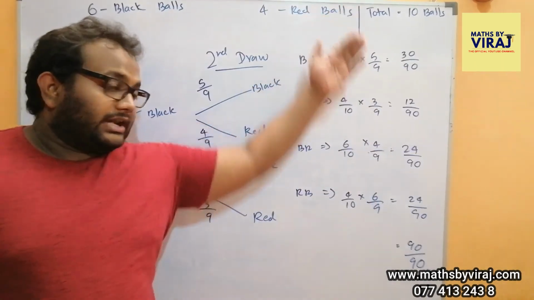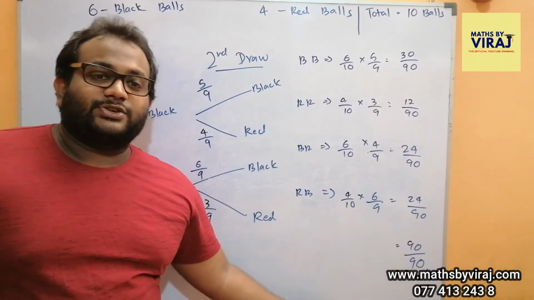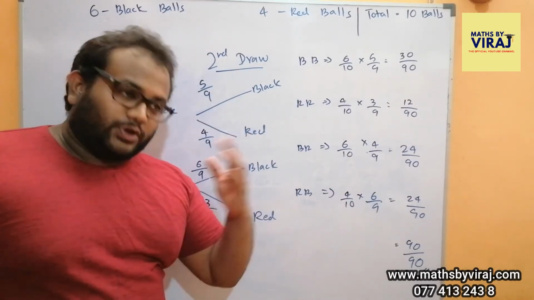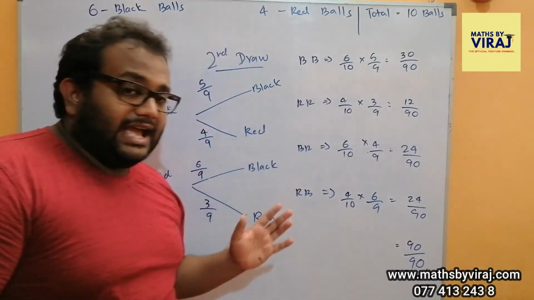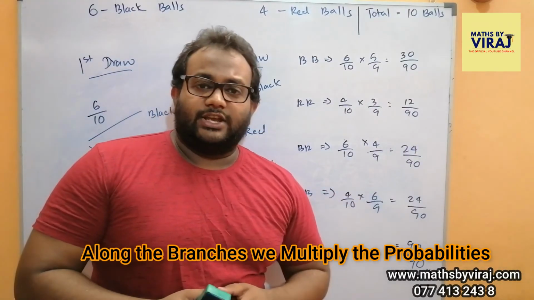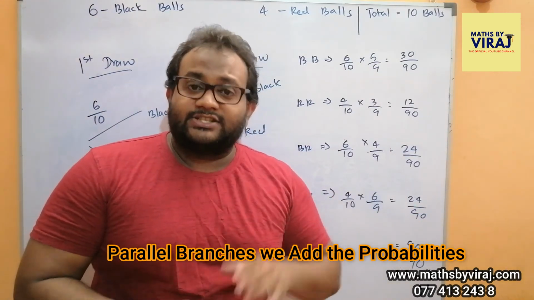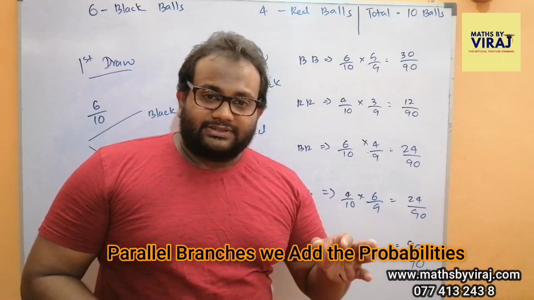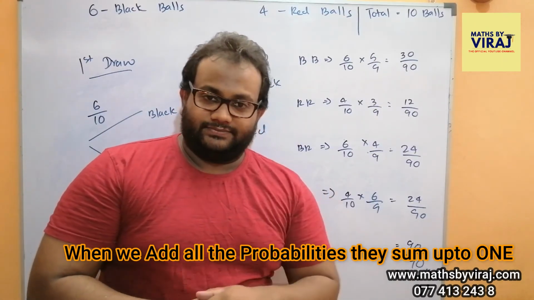Remember the third rule, all the probabilities should add up to 1. So we have learned 3 rules in tree diagrams. Rule number 1, along the branches you multiply. Rule number 2, parallel branches you add them. And rule number 3, all the probabilities should add up to 1.